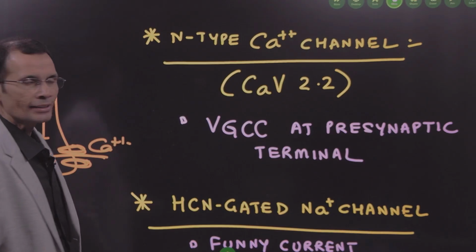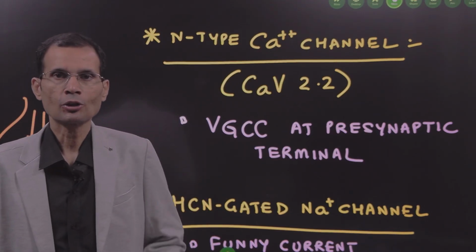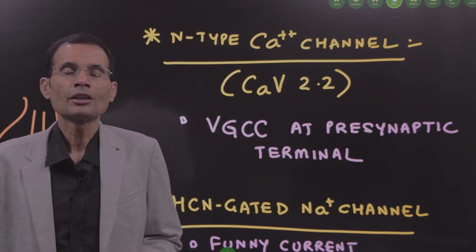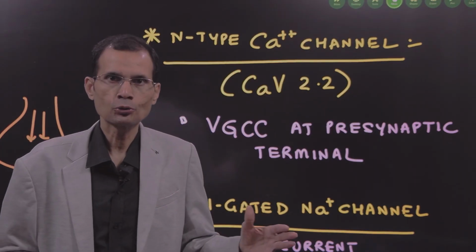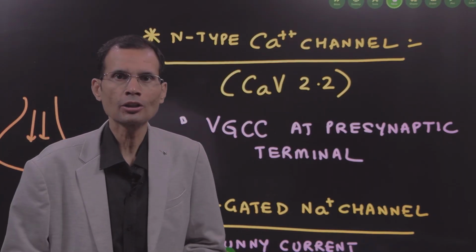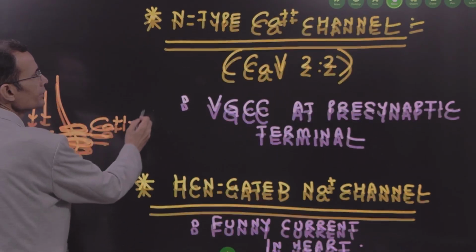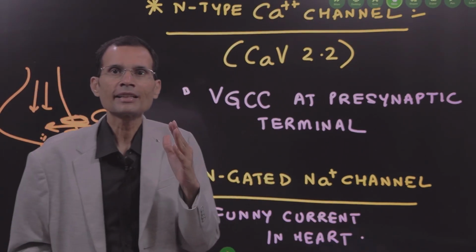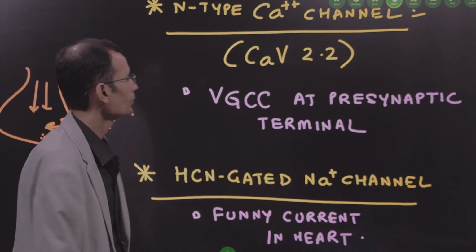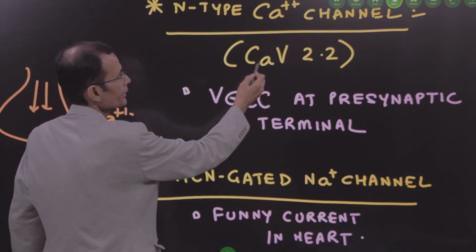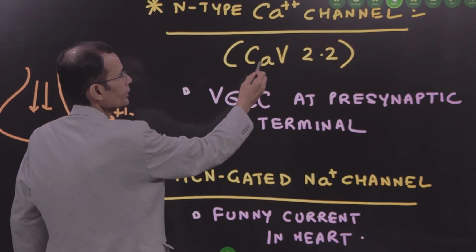Then the N-type calcium channel was another option. Now this N stands for neuronal. So this also is present in the neuronal membranes. It is called CAV 2.2. CAV, that is calcium and voltage gated.